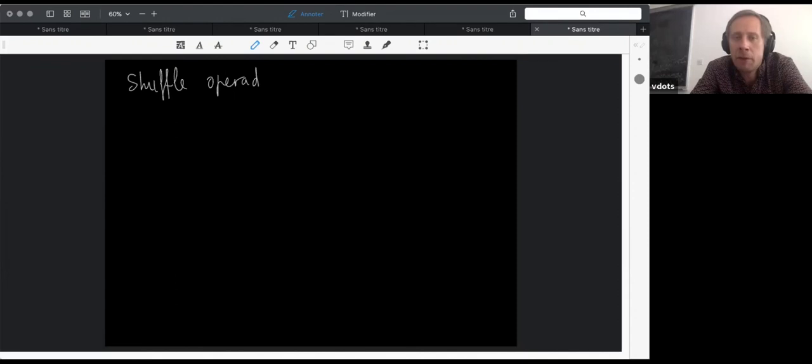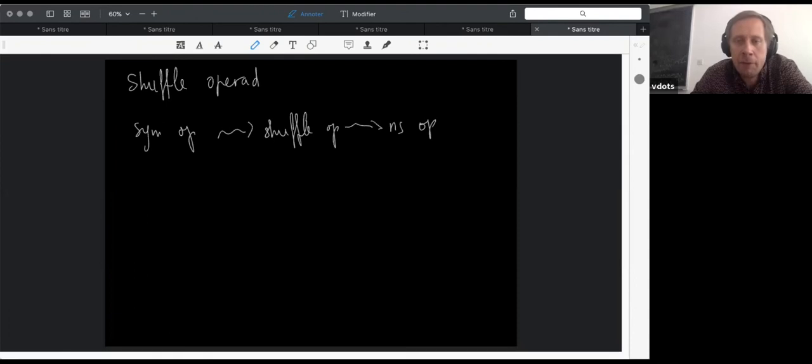Turns out that shuffle operads allow us to forget exactly the unnecessary things and remember exactly the important things. So you have the symmetric operads, you have the non-symmetric operads, and you have the shuffle operads, which are somewhere in between on the way of forgetting all symmetries.